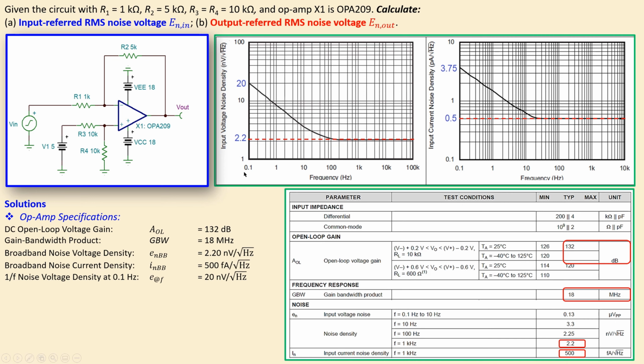You can also see that here, 0.1 hertz, and the value here is 20. In a similar form for the noise current, so the 1 over F noise current spectral density at that 0.1 hertz, you will look at this table and you can see it is 3.75 picoamps per root hertz, and these are the important values we will use later on in our analysis.